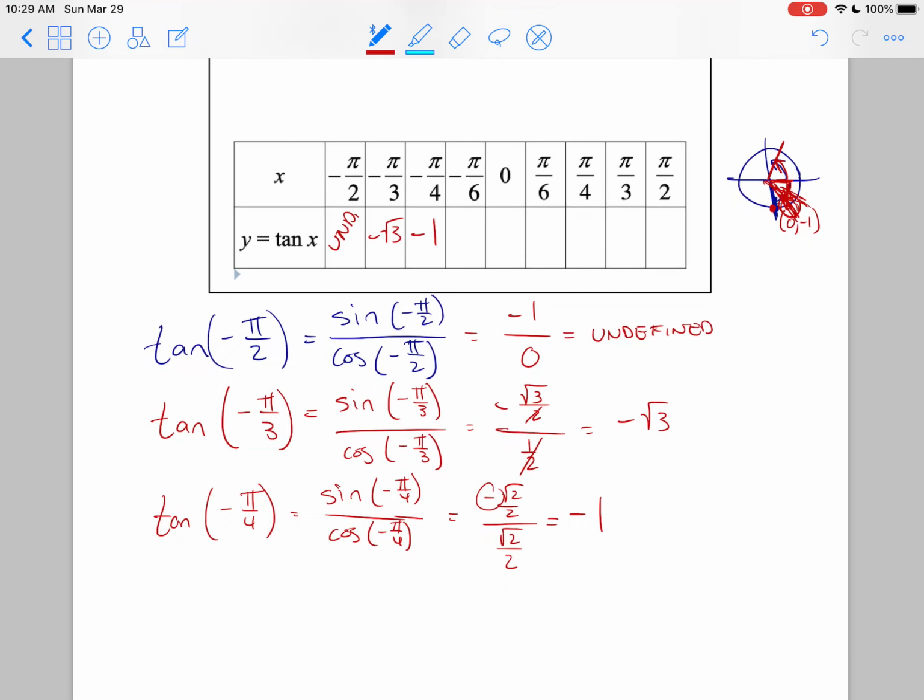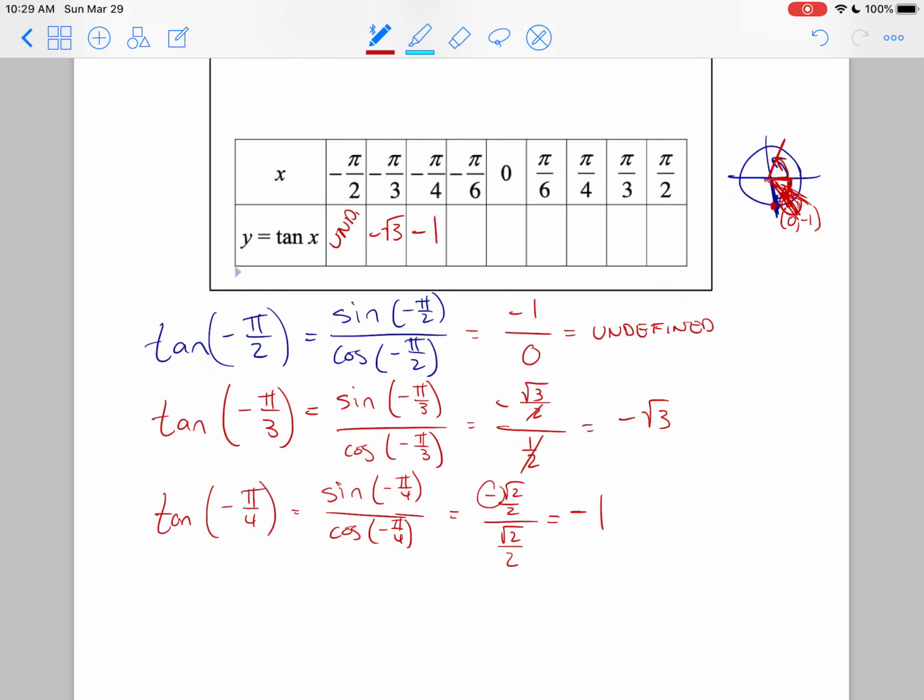And the last one I'm going to do out here is tangent of negative pi over 6. We'll do 0 as well. But then the positive values here are going to be exactly the same as the negative counterparts, except now that we're in the first quadrant, both the y and the x coordinates will be positive, and so we'll get the same values, just positive instead of negative. So we have tangent of negative pi over 6.